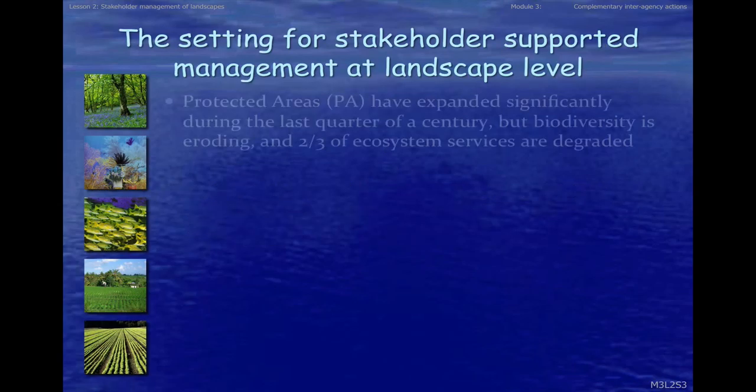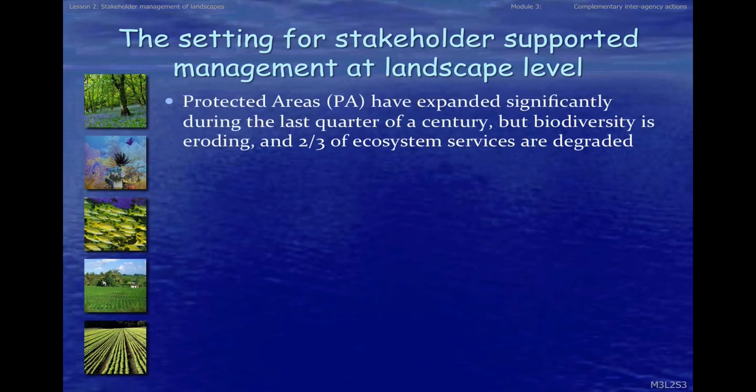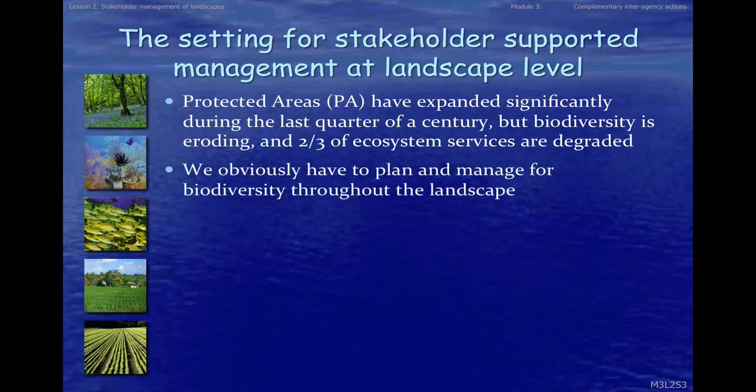Protected areas have expanded significantly during the last quarter of the century, but biodiversity is eroding, and two-thirds of ecosystem services are degraded. We obviously have to plan and manage for biodiversity throughout the landscape.